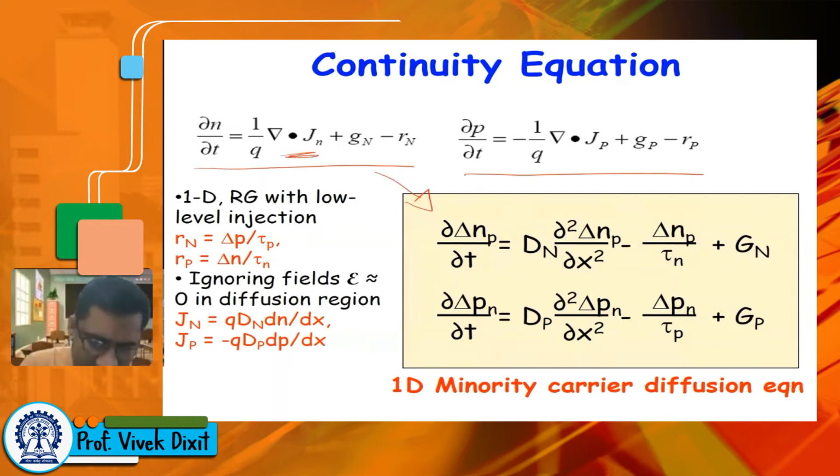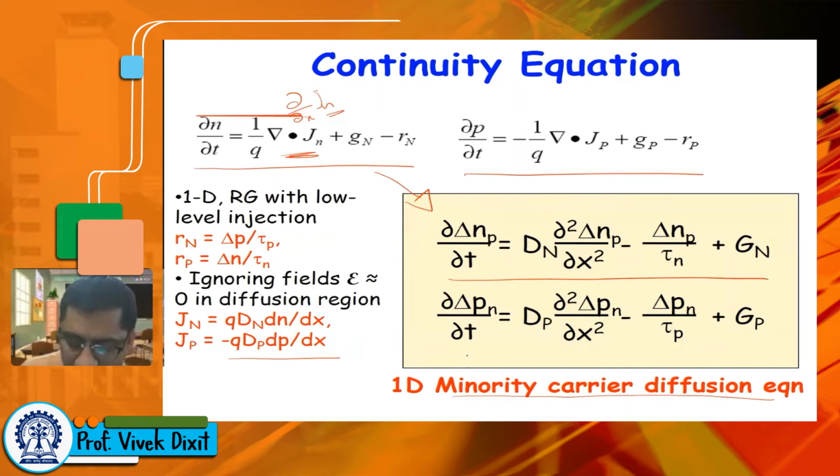Your divergence will become d by dx, so you will have simply d by dx of the current density, Jn or Jp, Jn for electrons, Jp for holes. And the minority carrier diffusion equation is obtained with the assumption that current is only due to diffusion. So there is no drift current. Then your current equation will be the diffusion coefficient times d by dx of n or p, right? When you substitute, you have these two minority carrier diffusion equations.